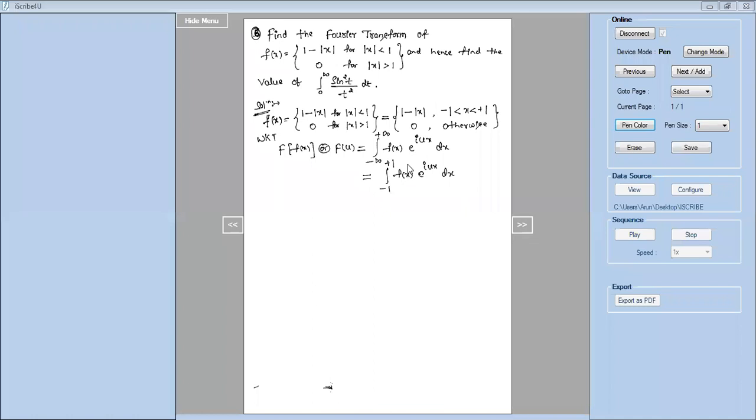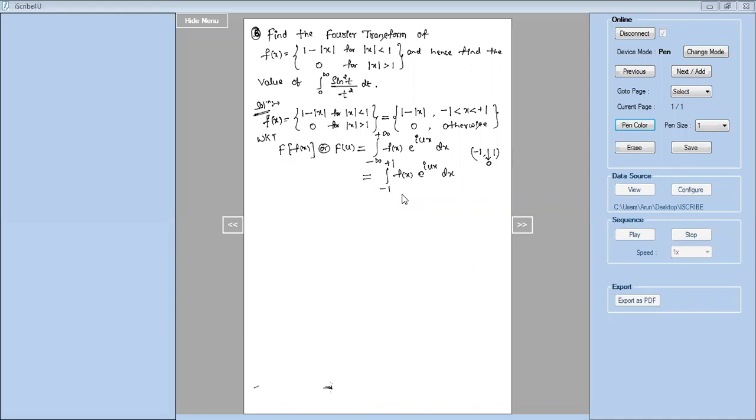Okay, so minus 1 to plus 1 f of x, where f of x is 1 minus mod x, and the limits are minus 1 to plus 1. And you know, in the limit minus 1 to plus 1, this mod x will take two values, plus x and minus x. Because just observe this, minus 1 comma 1 can be bifurcated by putting a center point 0.